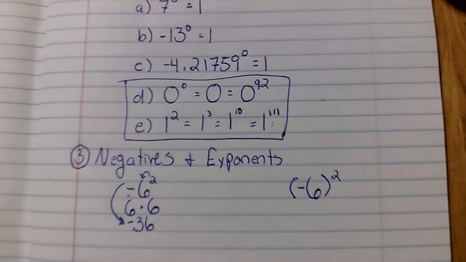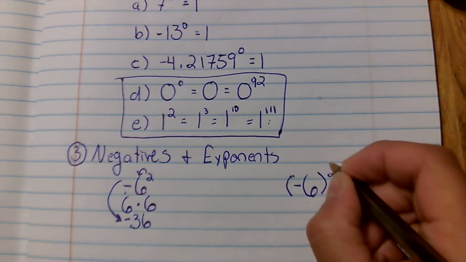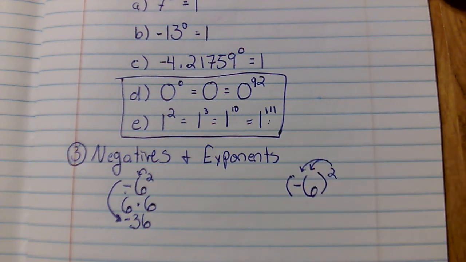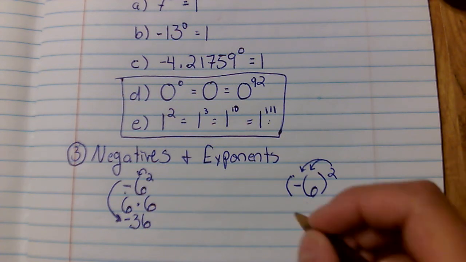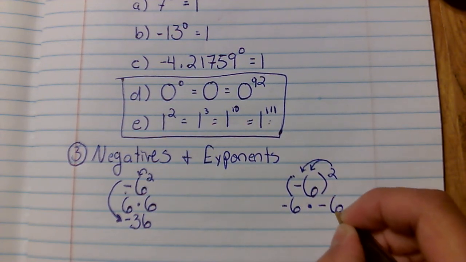Now this one, for example, is different. Those parentheses give this a different value because this exponent now applies to everything that is inside the parentheses. So it's not just 6 times 6 and then make it negative. It's negative 6 times negative 6.